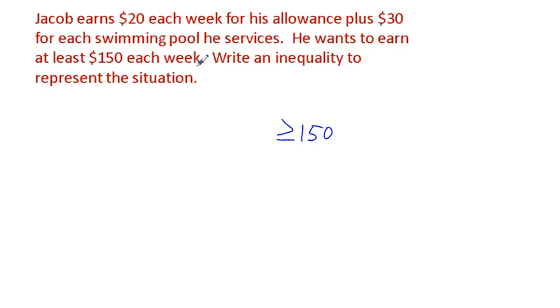For each week, $20 each week. So that's going to be a fixed amount here. Plus, we're earning $30 for each swimming pool service. So we'll say x equals each pool service session.